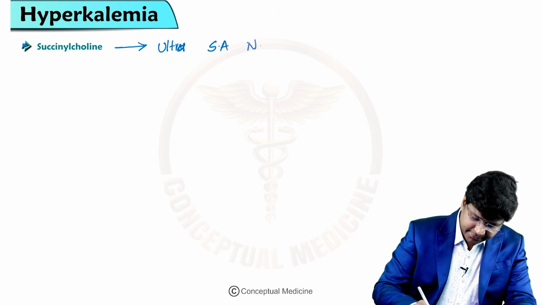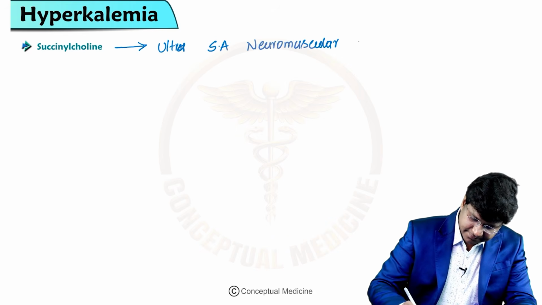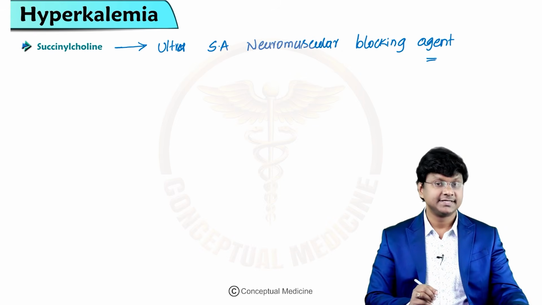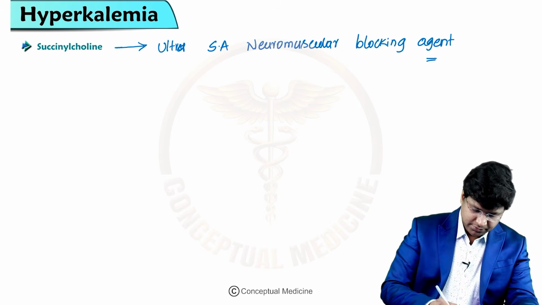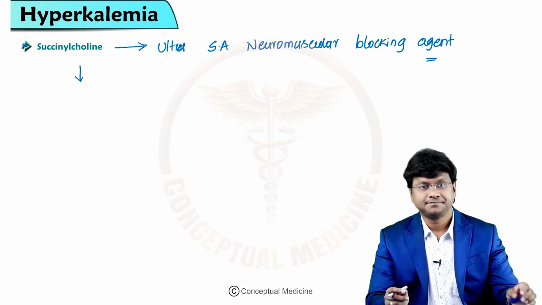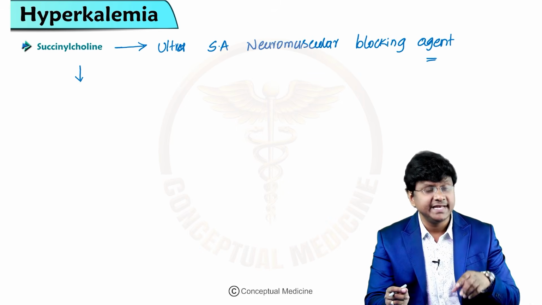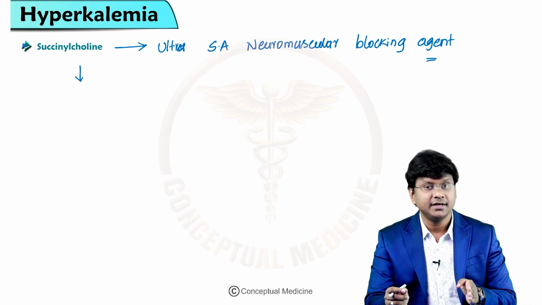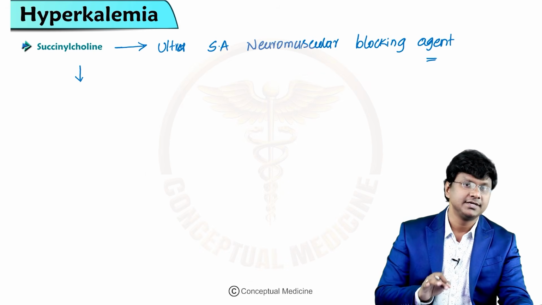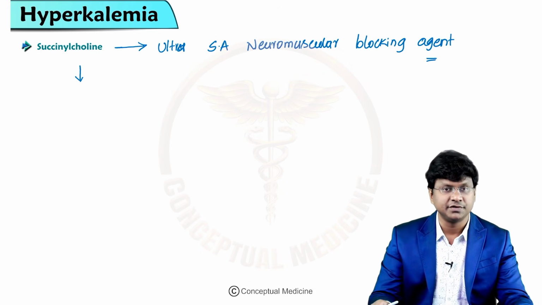Now, this succinylcholine, which is an ultra short acting neuromuscular blocking agent, will inhibit the membrane sodium potassium exchange pump. Okay, even this succinylcholine does a similar action to that of your digitalis.